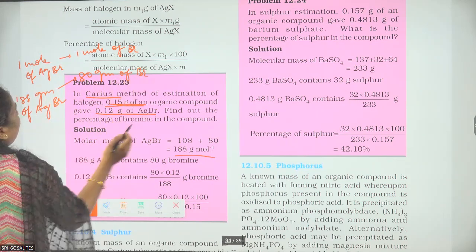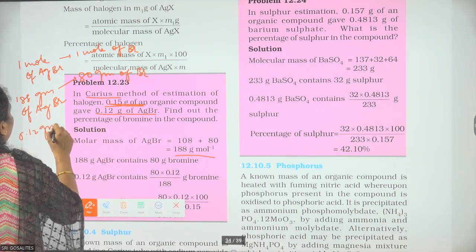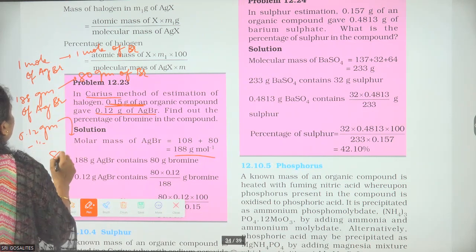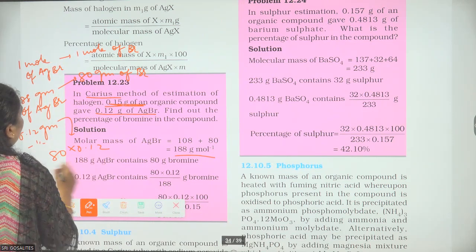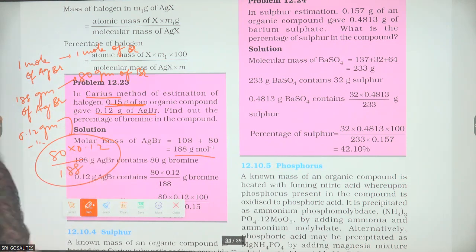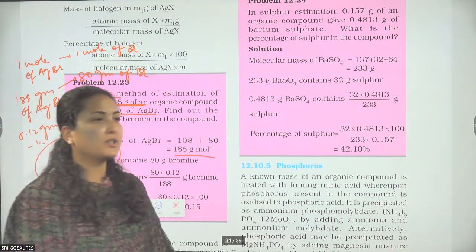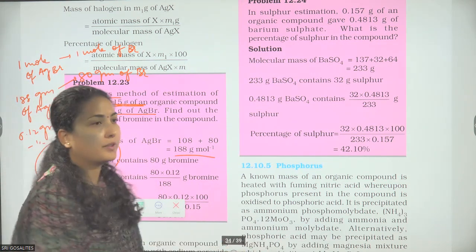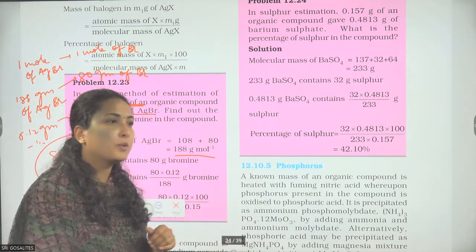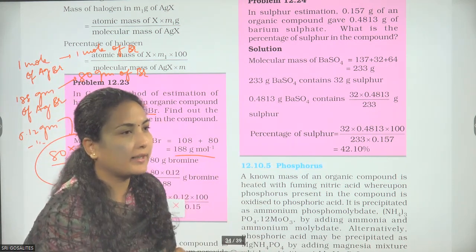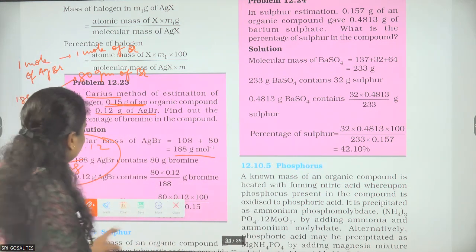So 0.12 gram of AgBr, what will it give you? That will be 80 into 0.12 upon 188. So you got the mass of bromine. For the percentage, just divide by the mass of the organic compound which is given, because you have to find the percentage in the organic compound. Is that clear to all of you, right?